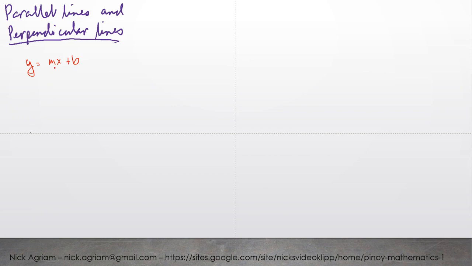So this is my first line, and I will put here y sub 1 equals m sub 1 times x sub 1 plus b sub 1, and then we have another line, y sub 2 equals m sub 2 times x sub 2 plus b sub 2.